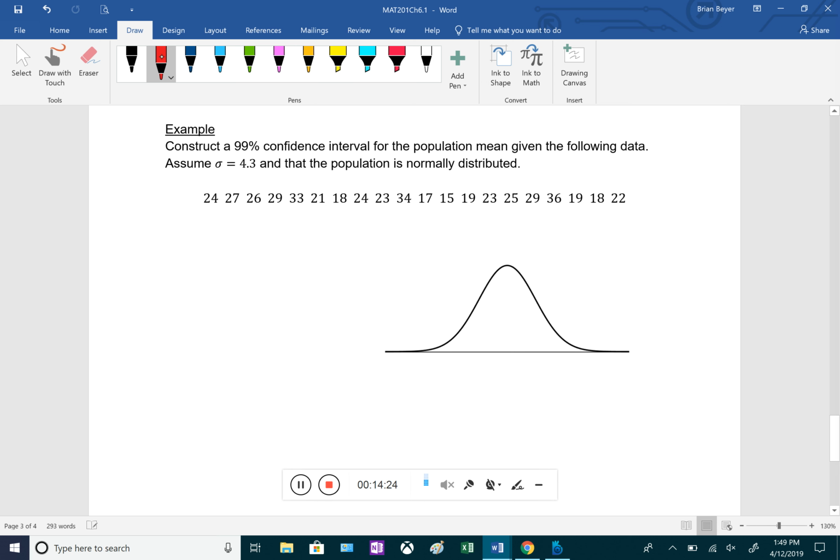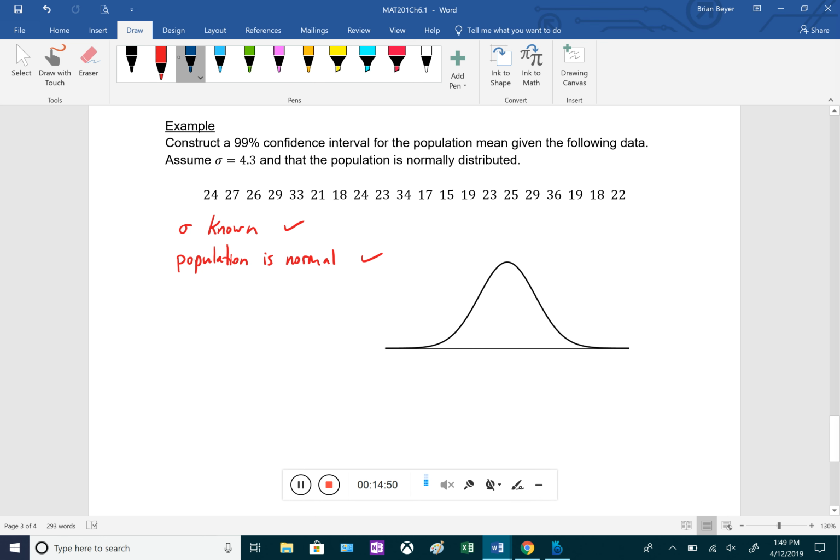Sigma is given to us, so that's known. And our sample size here is not over 30, I don't think. If you count all these up, I don't think that's over 30. However, it does say that the population is normally distributed, so that satisfies that requirement. So we are good to go.